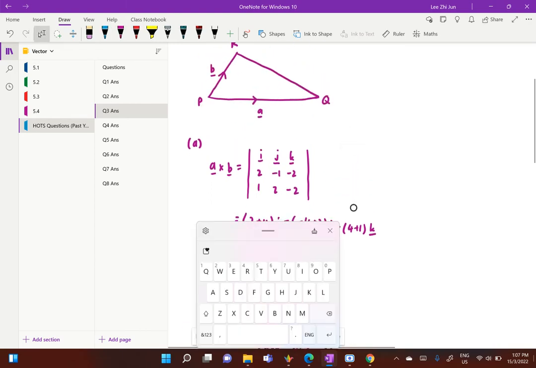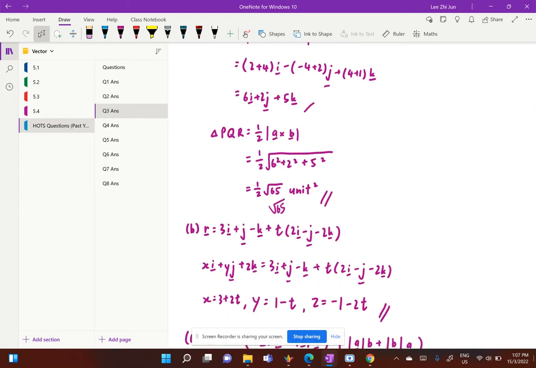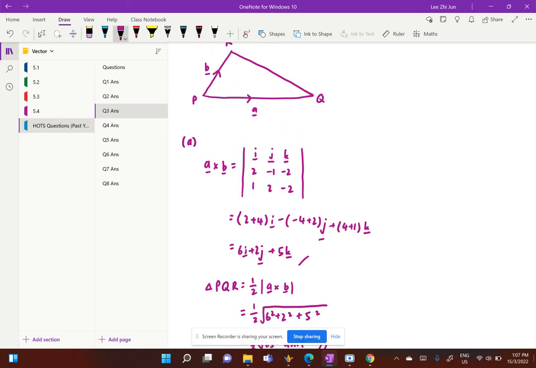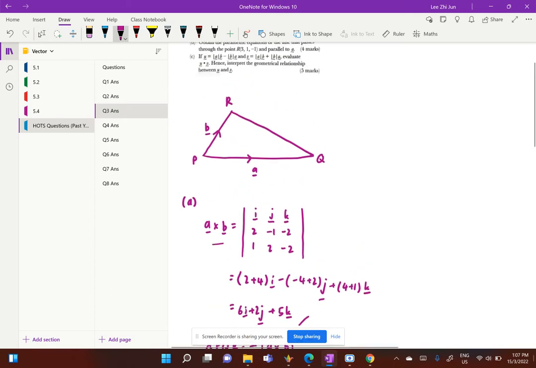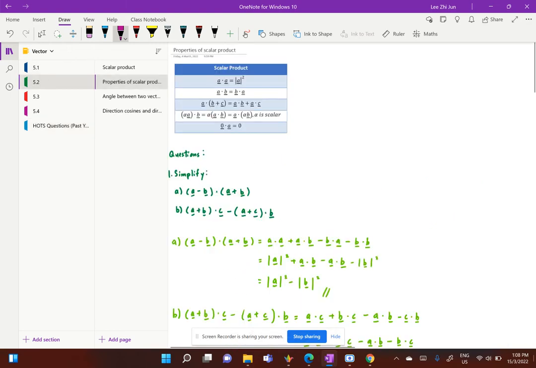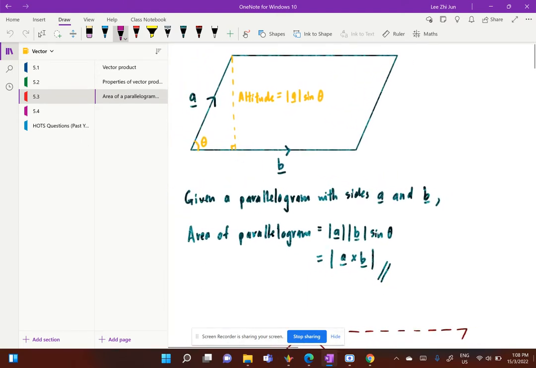This is simple. You just remember why we times A and B. Why we need to find the triangle, we need to times this A times B, because remember that the parallelogram area is the magnitude of this length times this length.